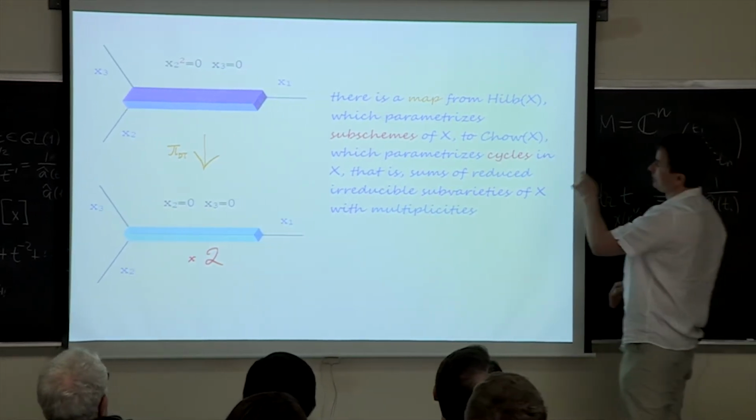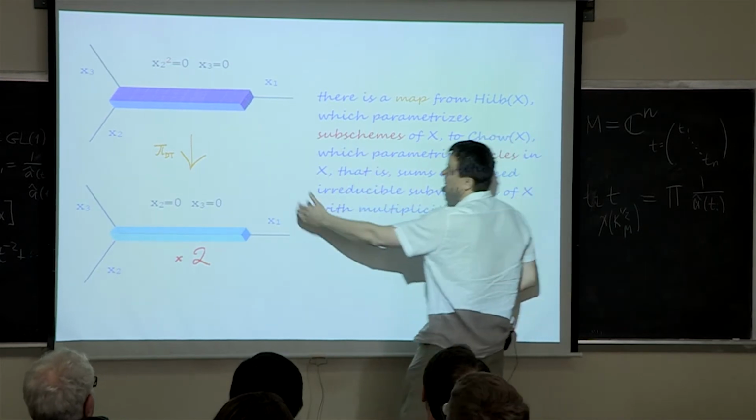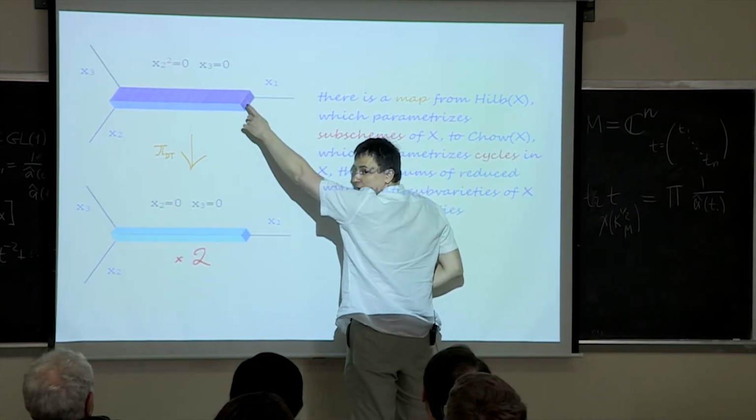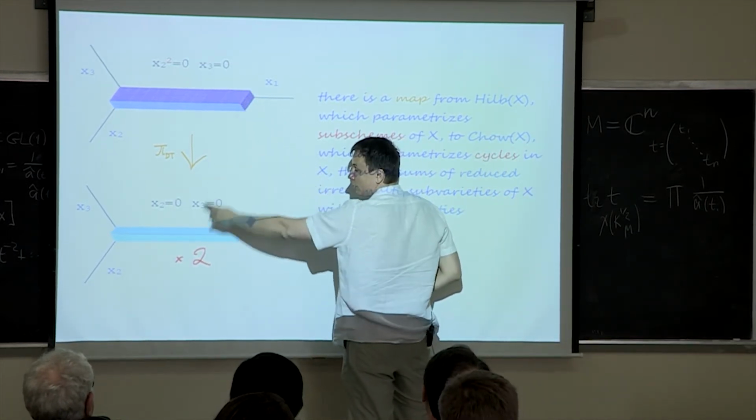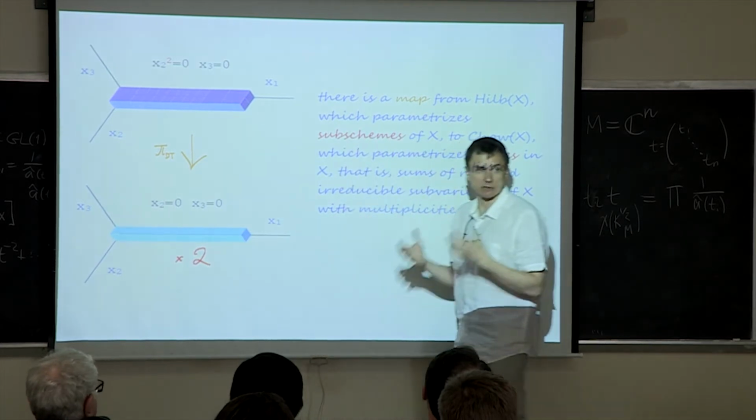So this is called the Hilbert-Chow map. You go from the Hilbert scheme, an ideal, to a bunch of subvarieties with multiplicities.